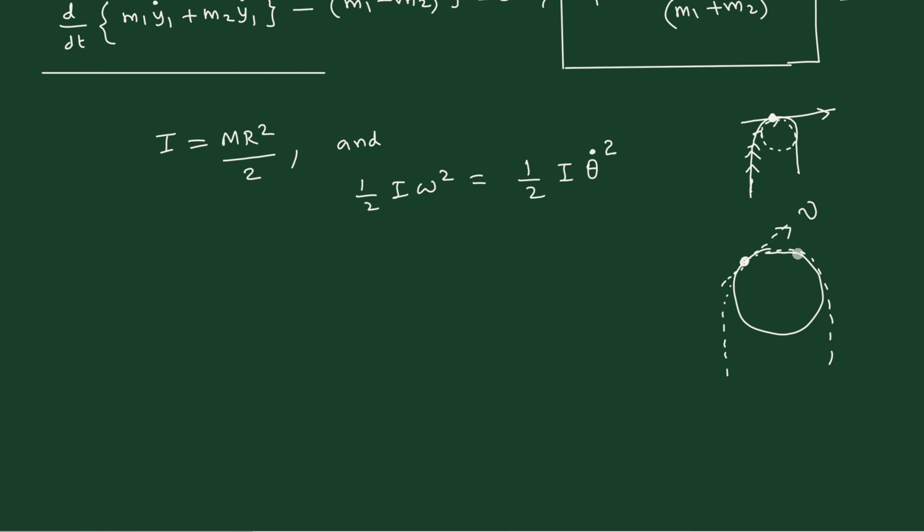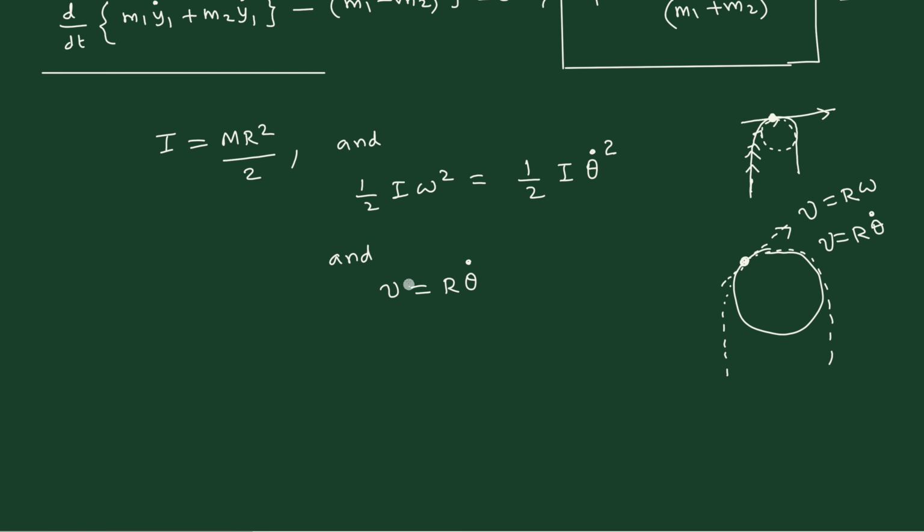Tangential velocity means you draw the tangent and ask, what is the linear velocity at that point? Tangential velocity is linear velocity. So linear velocity equals r into omega for a circular motion. That is what we are going to use. If v equals r omega, now I can say this becomes r into theta dot. That is the meaning. But the problem is, okay, we now have v equal to r into theta dot, which is fine.